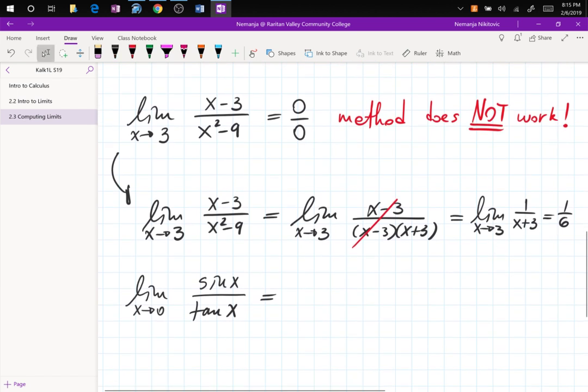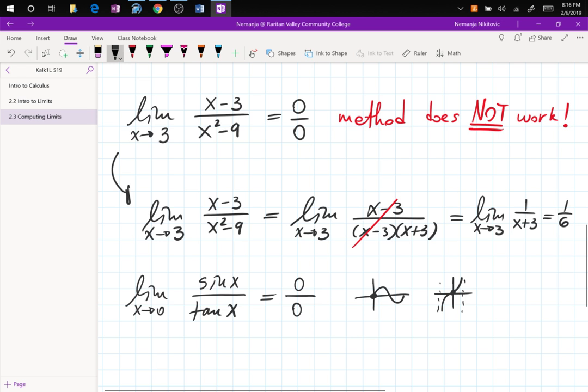So you use plug-in method. Sine of 0 is 0, and tangent of 0 is 0. You can see that from the graphs, right? The sine of 0 at the origin is 0, and the tangent as well goes through 0, 0, right? It has this asymptote. It looks like x cubed, but it has asymptote, so it's not x cubed. So they both go through 0.